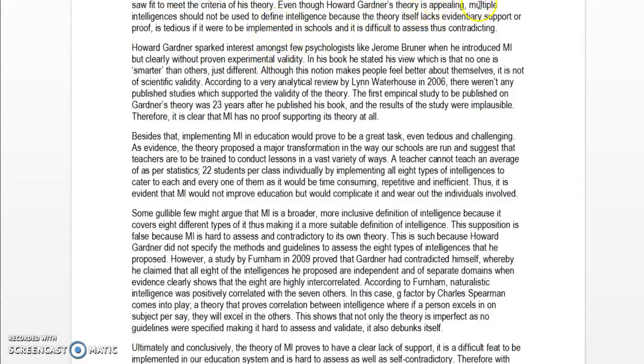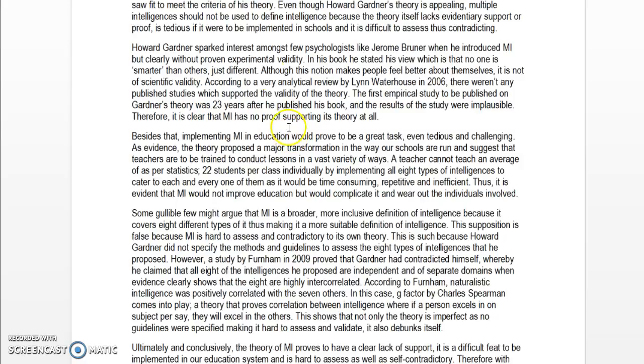So the first main idea that you mention here, you will come down to the first body paragraph. The second main idea that you use here, which is tedious to be implemented, if you look at the second paragraph, it is here. Besides, implementing MI in education will prove to be a great task, even tedious and challenging. So the second main idea will come down in the second body paragraph, and the third main idea will come down in the third body paragraph.